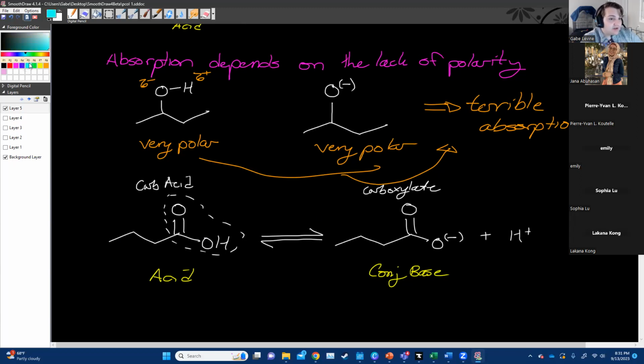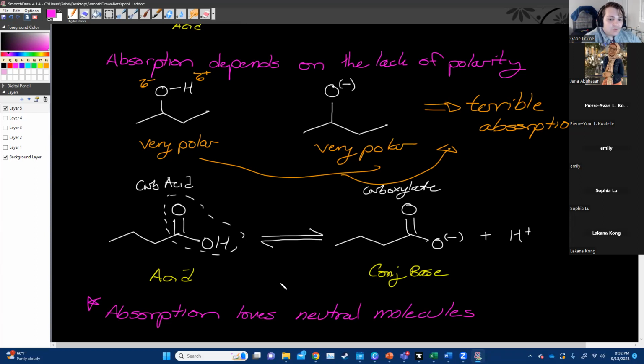So the point I'm trying to talk about here is that absorption depends on the lack of polarity, which we talked about up above, and absorption loves neutral molecules. This is the key.